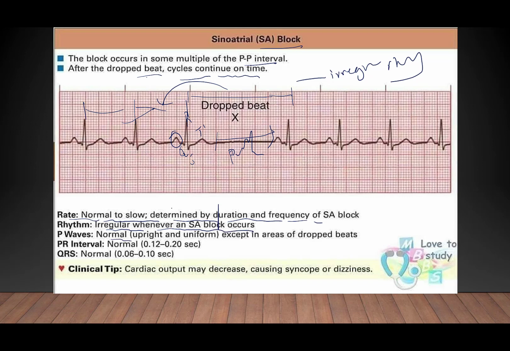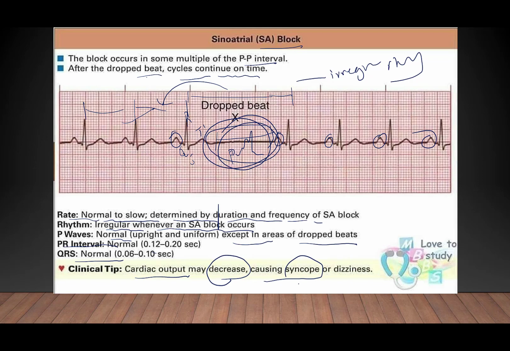P wave is normal, upright and uniform, except in the area of the dropped beat. It means here it's abnormal. PR interval is normal, QRS is normal. Cardiac output may decrease, causing syncope or dizziness.